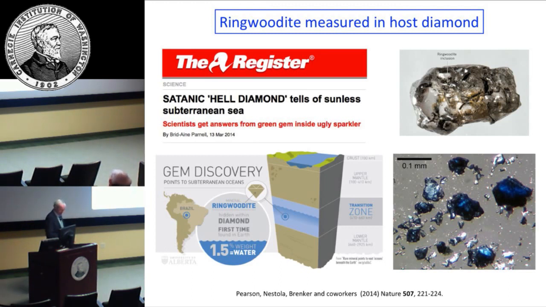So it goes to show you, if you find something like a lot of water in a diamond, it can make good press. I mean, the point is, here's the upper limit. This is not as much as ringwoodite could take, but it certainly suggests that high water contents can be seen in these minerals that are forming from recycled material in the transition zone.